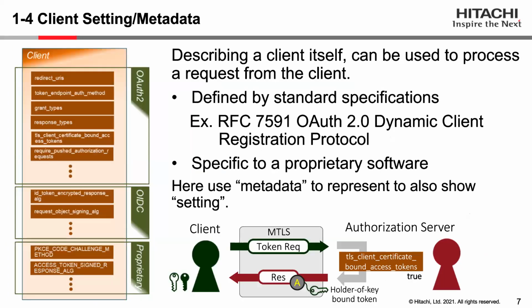Also, I would like to tell you the characteristic of the OAuth 2 client. Due to the nature of the OAuth 2 client, there is the client metadata concept. It describes a client itself. It can also be used to process a request from the client by the authorization server. I think there are two types of client metadata.